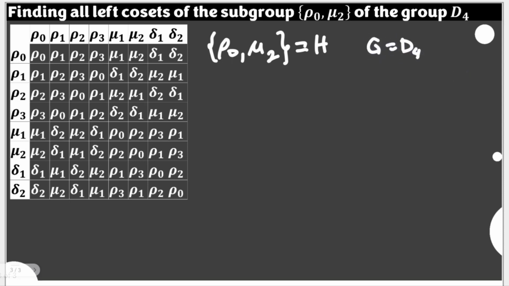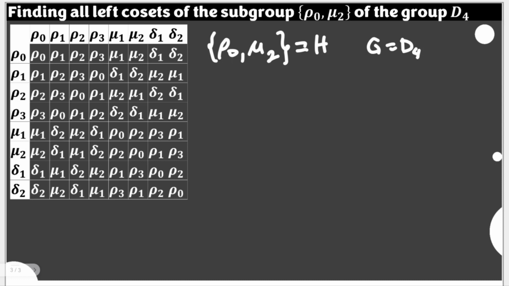The first thing we can do is determine the number of left cosets, because once we know the number of left cosets for the specific subgroup of D4, then we'll be guided later on when to stop, or whether we still need to look for other cosets.